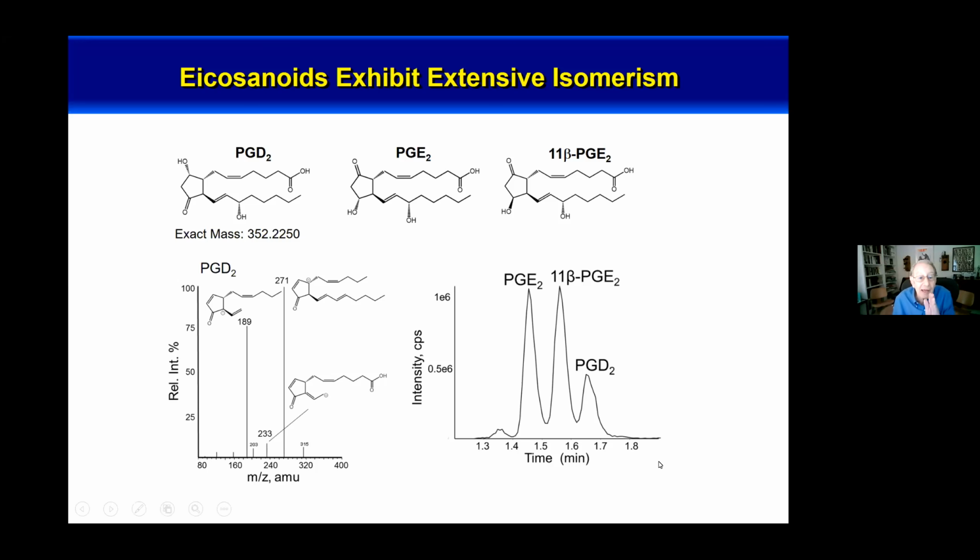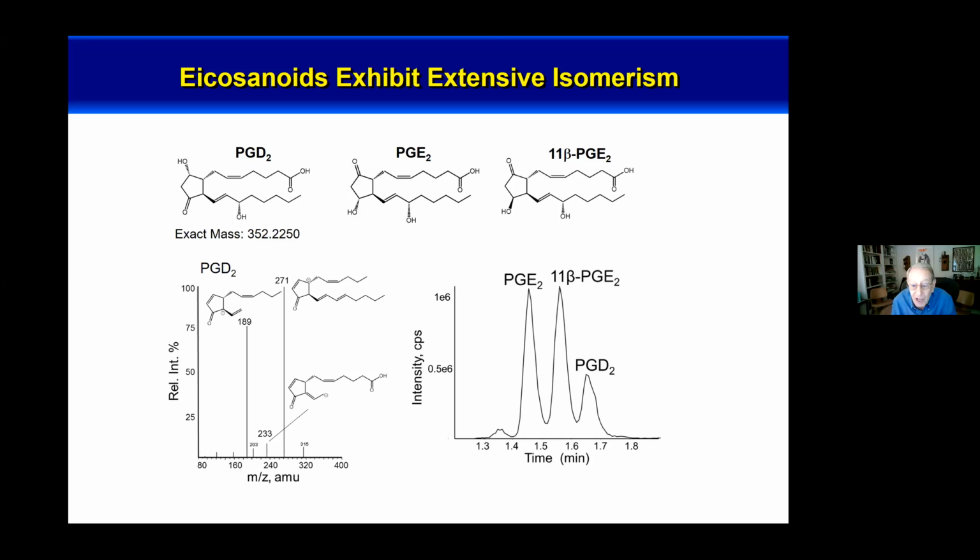eicosanoids: PGD2, PGE2, and 11-beta PGE2. These are isomers of one another. Their exact mass is exactly the same. They fragment identically, as illustrated for PGD2 in the second quad of the triple quad.